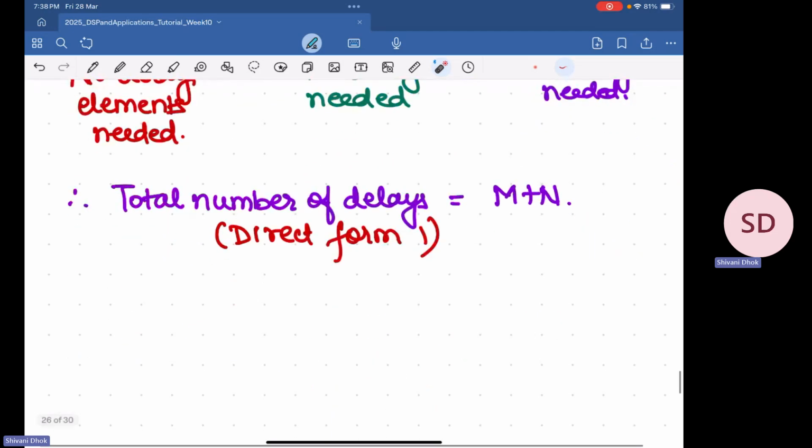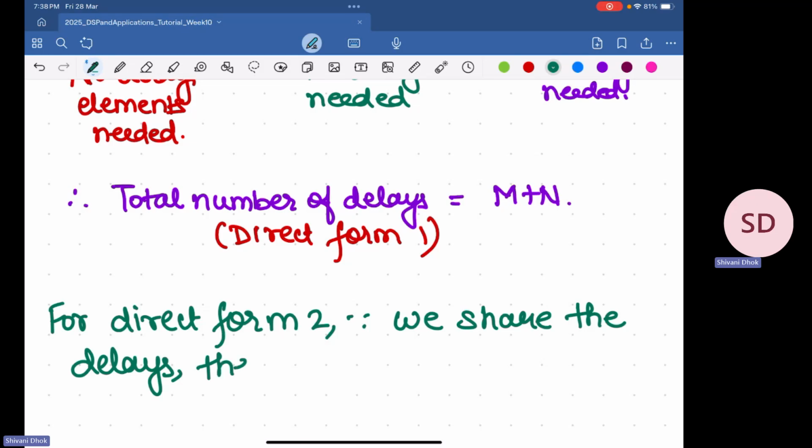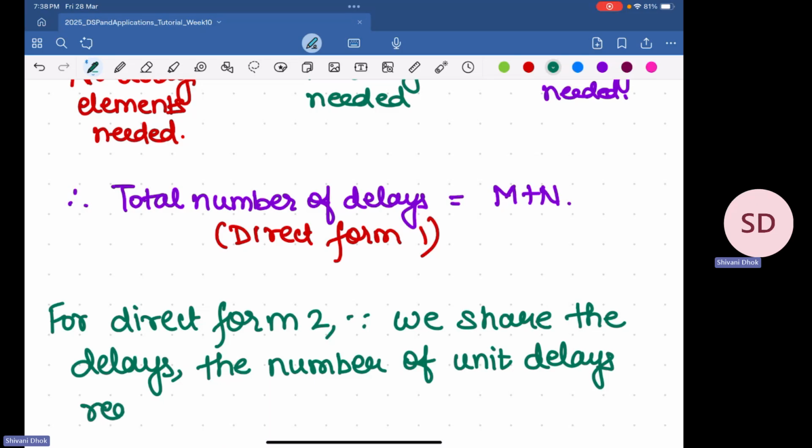Okay, so just to make a note of it, for direct form 2, since we share the delays, the number of unit delays required is max of m and n.